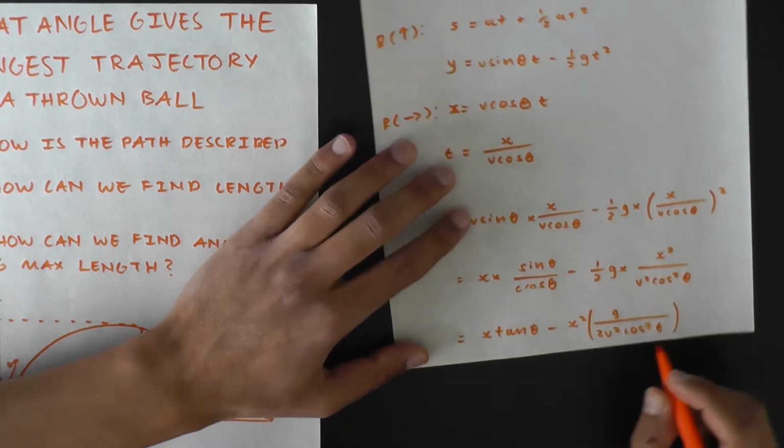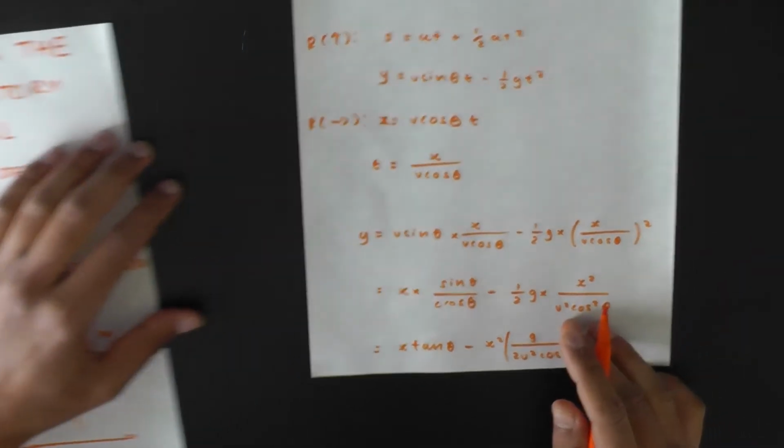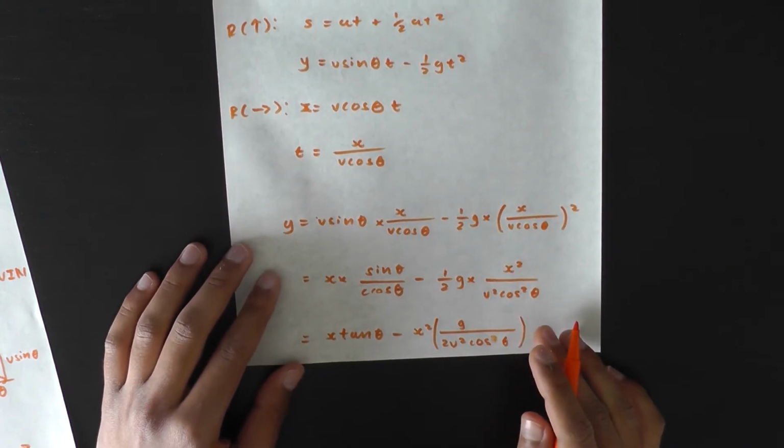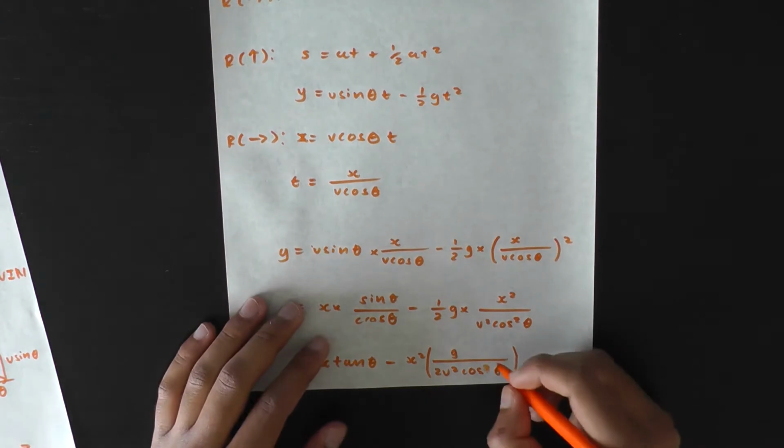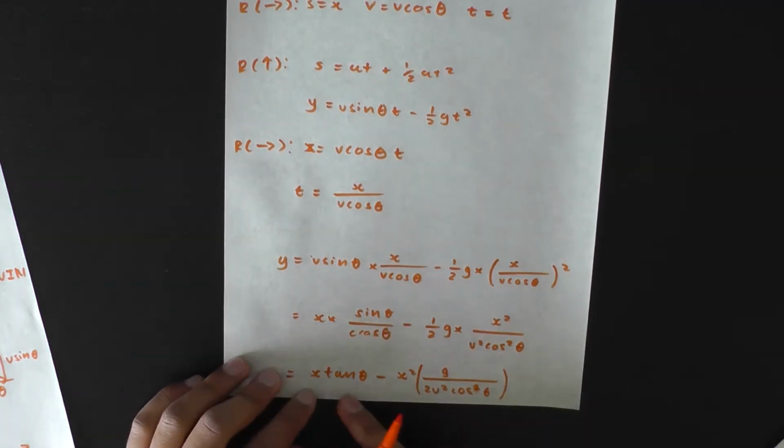As you may see, this is a quadratic equation. Well, not really simple, but it is a quadratic equation. Okay, so now we've got an equation for the path.